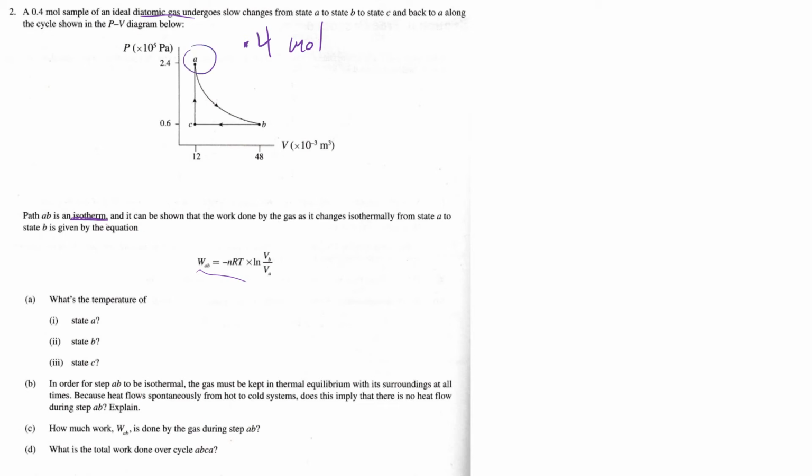All right, let's look at state A. All we're going to do is some PV equals nRT here. So for state A, we'll do the first one more thoroughly. PV equals nRT. We know the pressure at state A. The pressure of state A is going to be 2.4 times 10 to the 5. We know the volume of state A. It's going to be, well, we've got to be careful, it's times 10 to the minus 3.